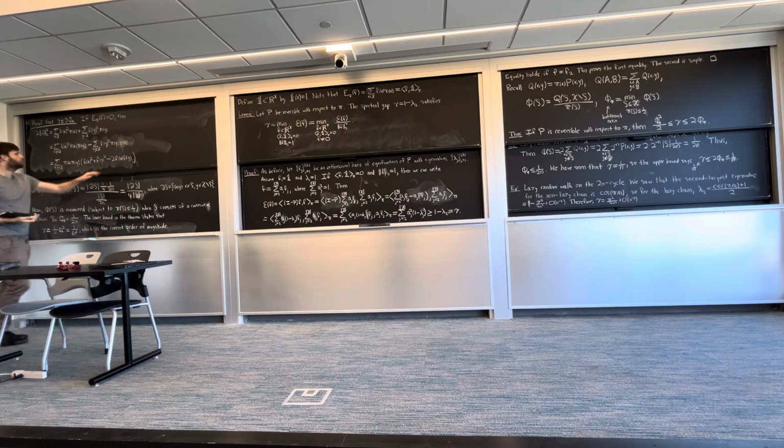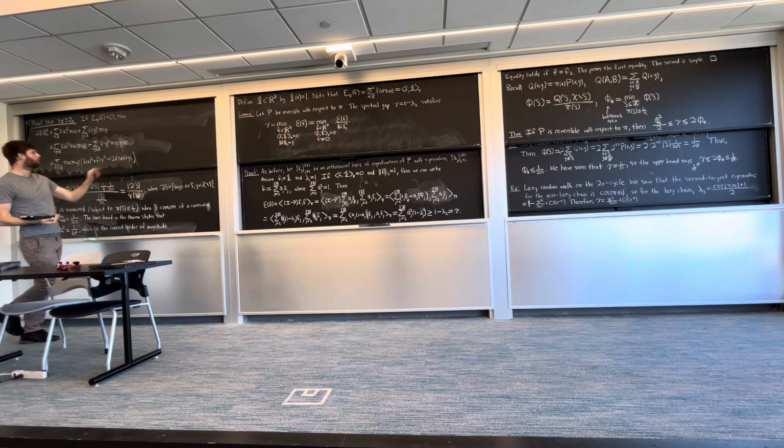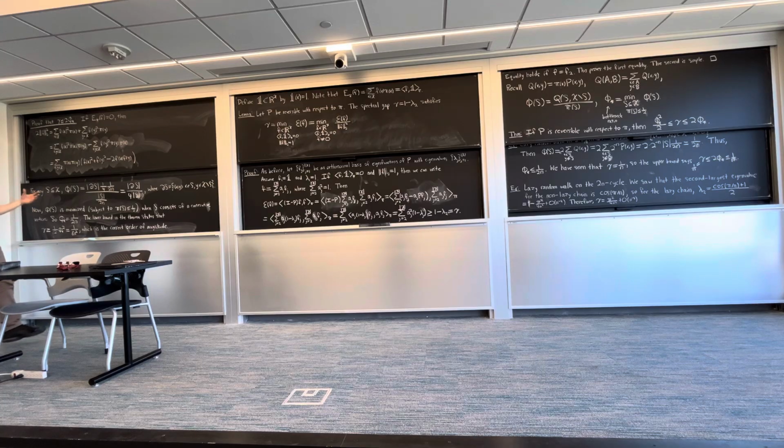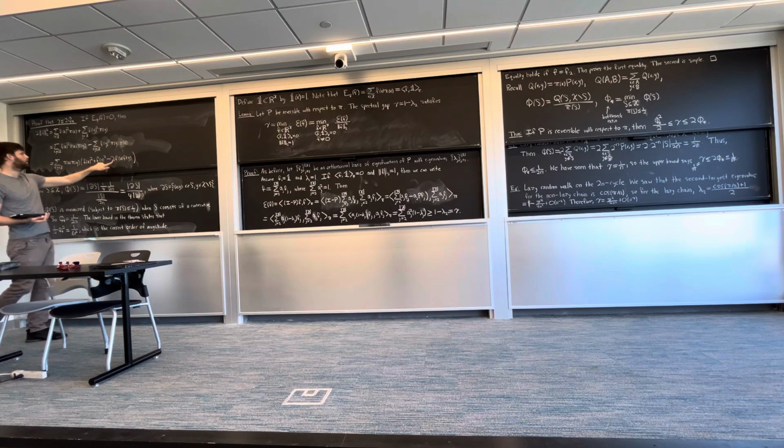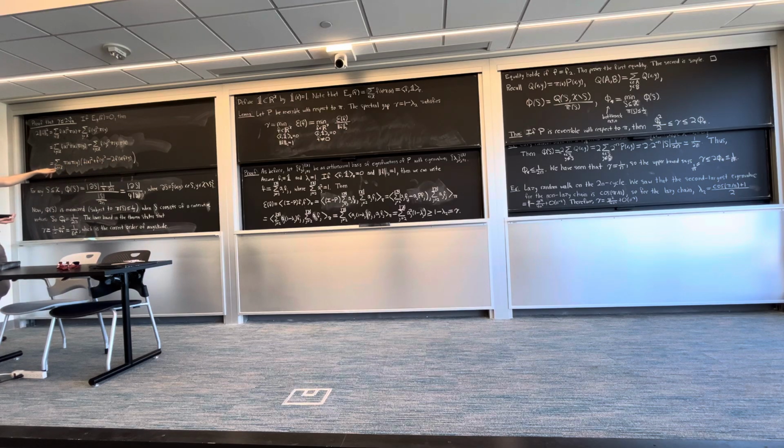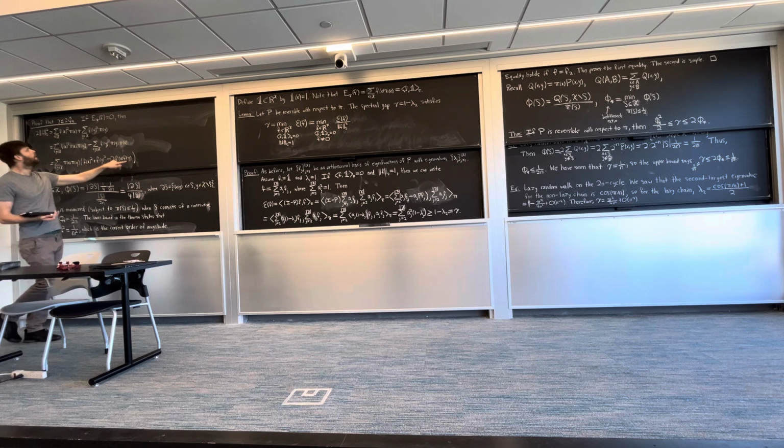And so the point is this extra term gives me 0 because what is this? If I just take the sum over x and y of pi of x, pi of y, 2 f of x, f of y, I could split that into a product of two sums. It's the sum over x of pi of x, f of x, times 2, and then the sum over y of pi of y, f of y, but those are both 0 because of this.